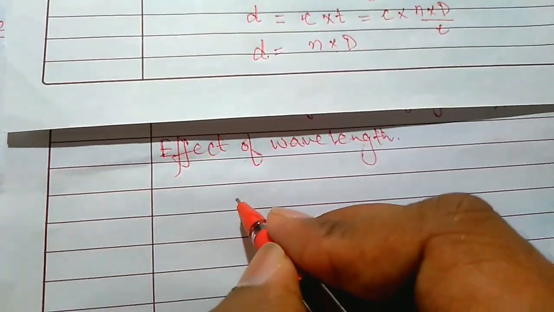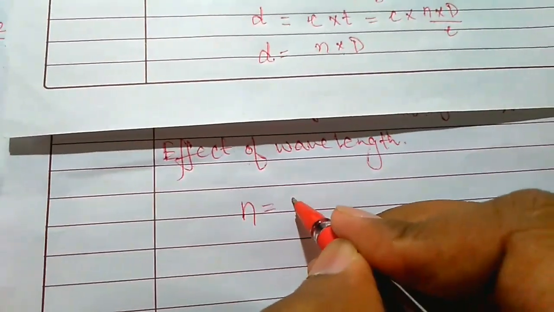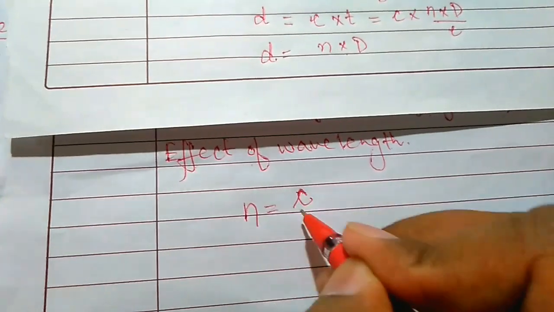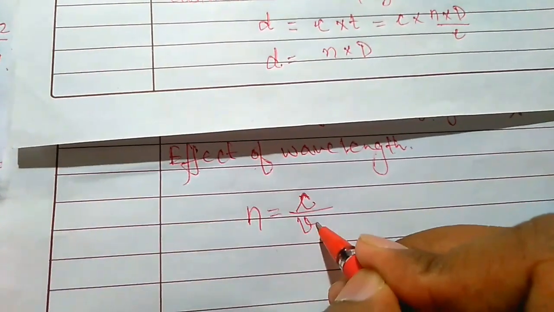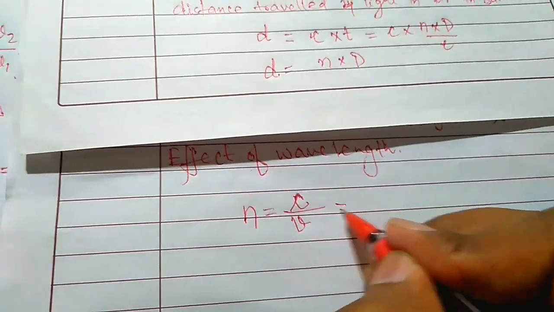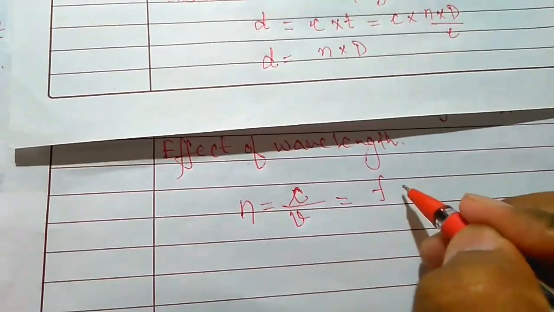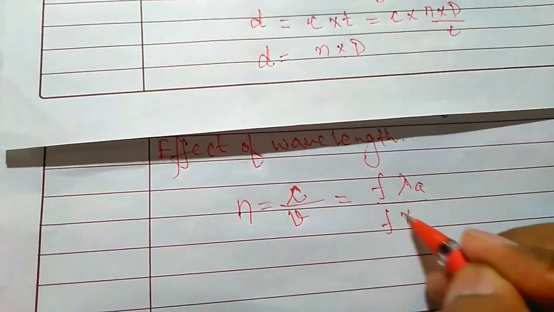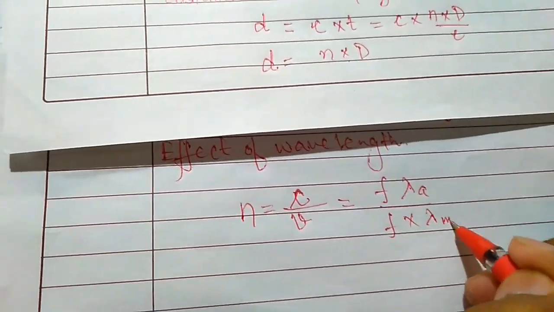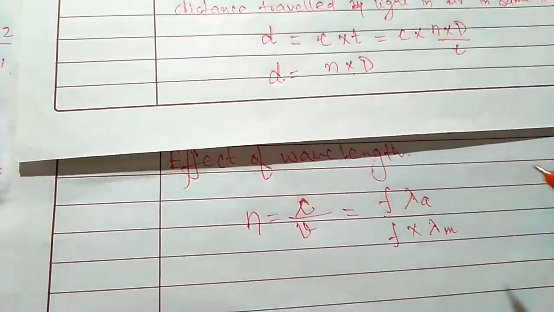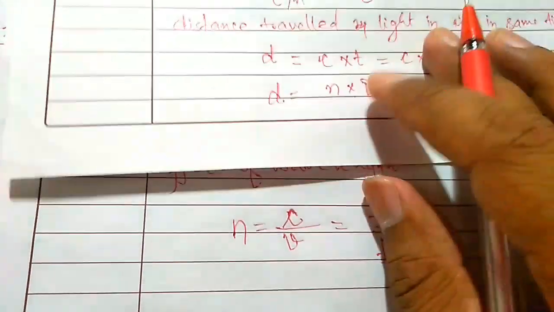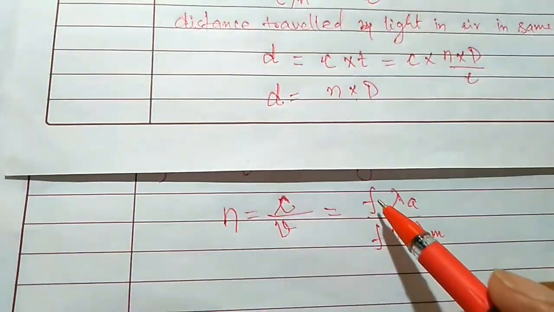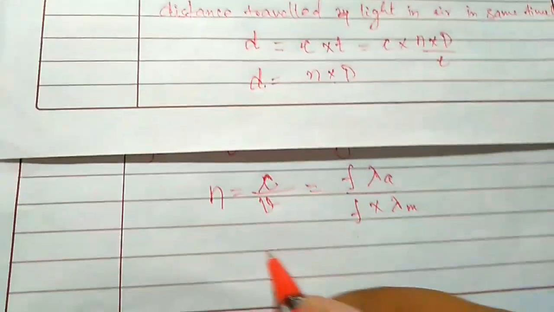So we know that the refractive index is equal to the velocity of light in air upon the velocity of light in any medium, and velocity is equal to frequency into wavelength. Frequency into wavelength in air upon frequency into wavelength in medium, you can take any medium. We know that while changing the medium, frequency never changes. So frequency will be cancelled.